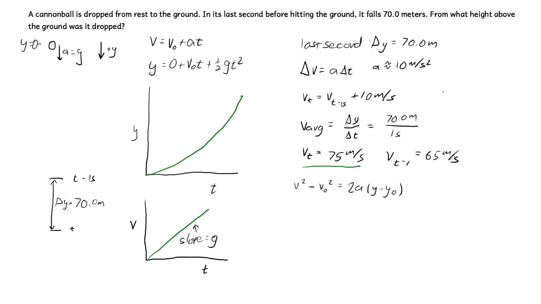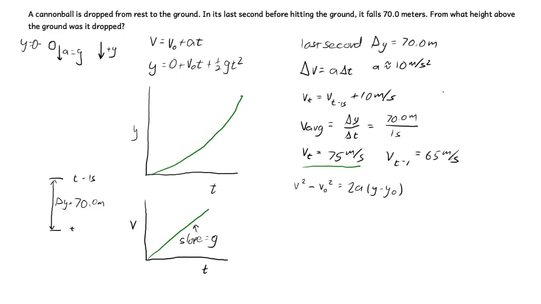So we don't know how far it dropped, but that's what we're trying to find out. So this y minus y naught is what we're trying to find here. What height above the ground was it dropped? We know that it was dropped from rest, so that tells us that v naught is going to be 0, and v we know was 75 meters per second.